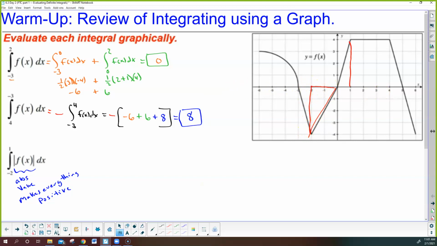So one way to think of it is, what if I flipped that area up here? So I went from here to here, and now I am basically finding this area plus this area. And it's just kind of two positive answers. So we've got a base of 2 and a height of 4.